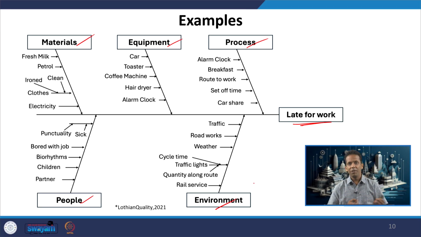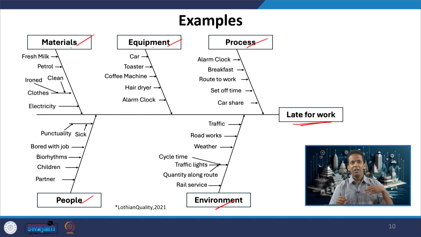Now, see, it is a very simple example of coming late to work. You can see there is manpower involved, the mode of transport can be the equipment, okay. The fuel going in that mode of transport can be the material. Since it is a human being commuting from one place to another, the food or breakfast or water which goes into the human being can also go into the material.